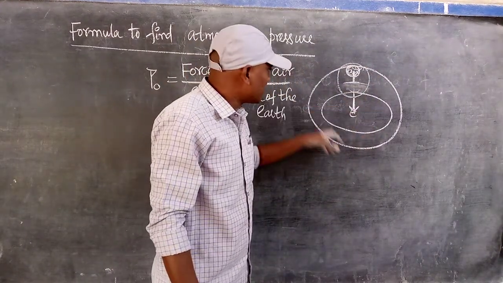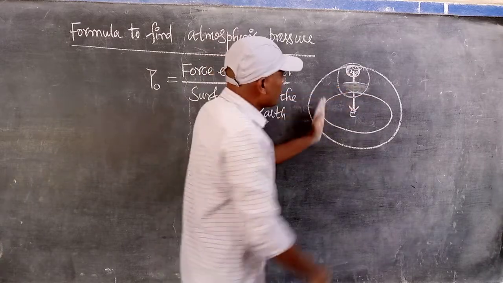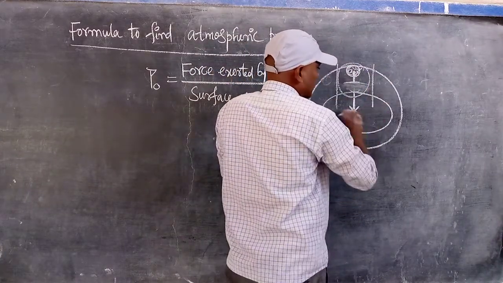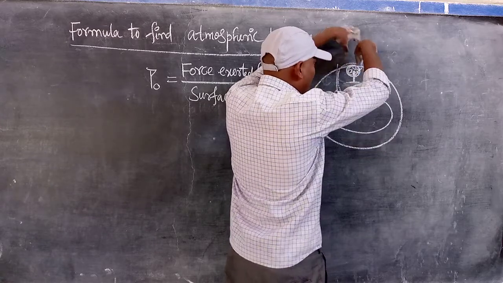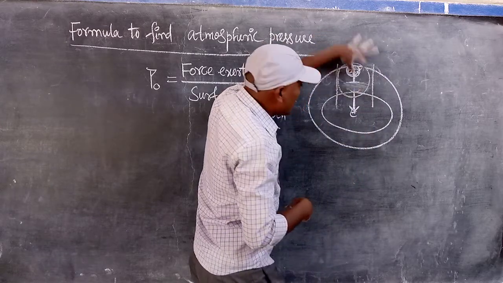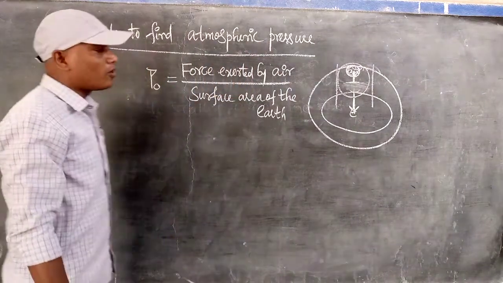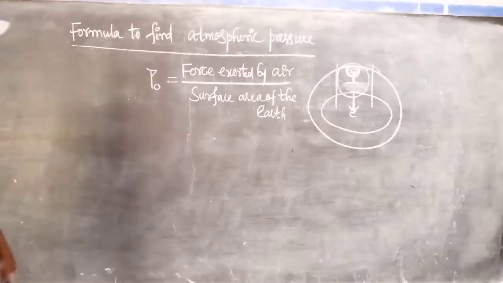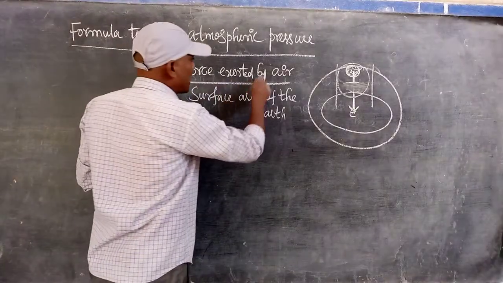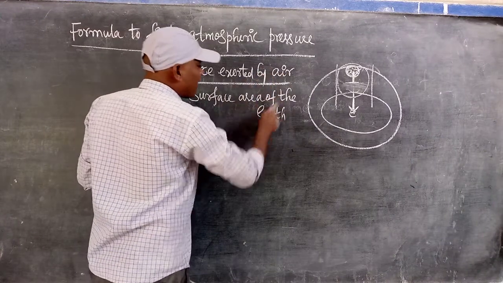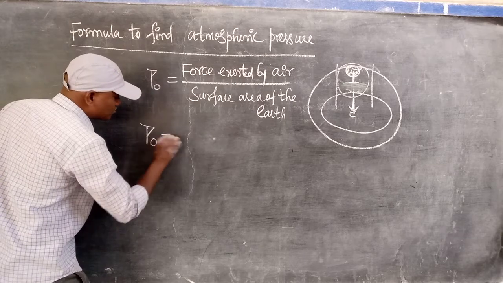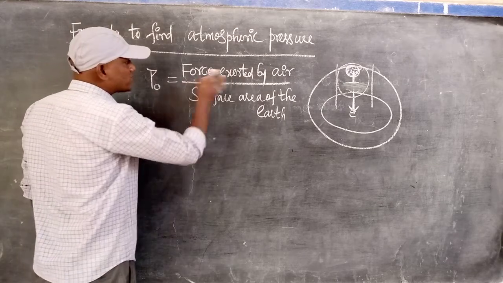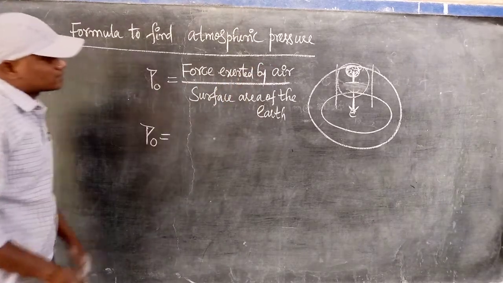This is the whole earth, and we can say this part of the earth. The air present in this part of the earth applies some force on the surface of the earth due to the gravitational pull of the earth. That's why it is force exerted by air upon the surface area of the earth. Then P naught is equal to simply force exerted by the air.